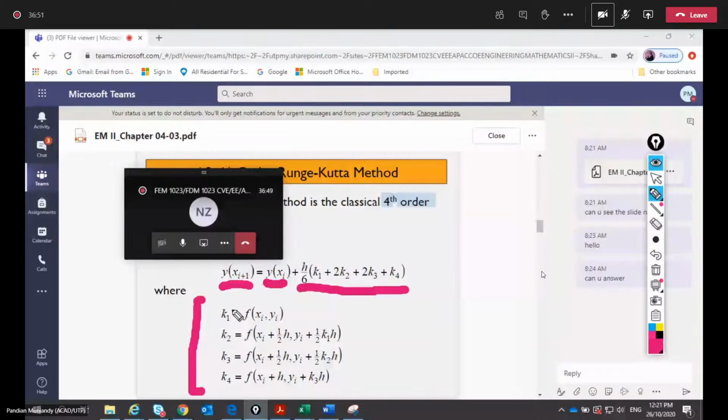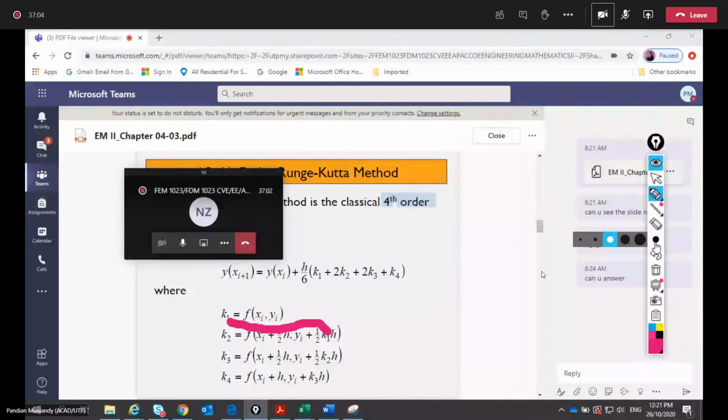So the k1 goes inside here, and k2 also goes inside here, but before that, k1 goes inside here. That is very important now.